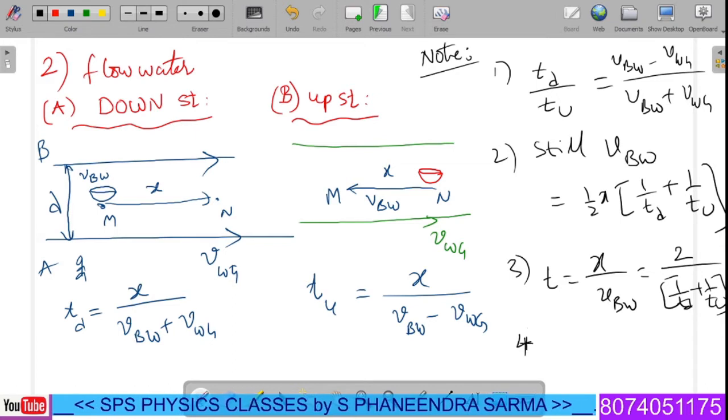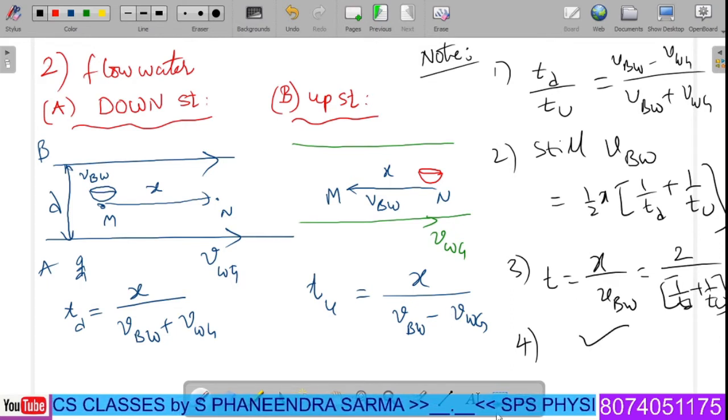And the fourth important condition: suppose we have different distances x1 and x2, or VB1 and VB2. In such a case, there is no need to use this kind of formula. Simply take the individual results and substitute. We'll get the results in the fourth case.